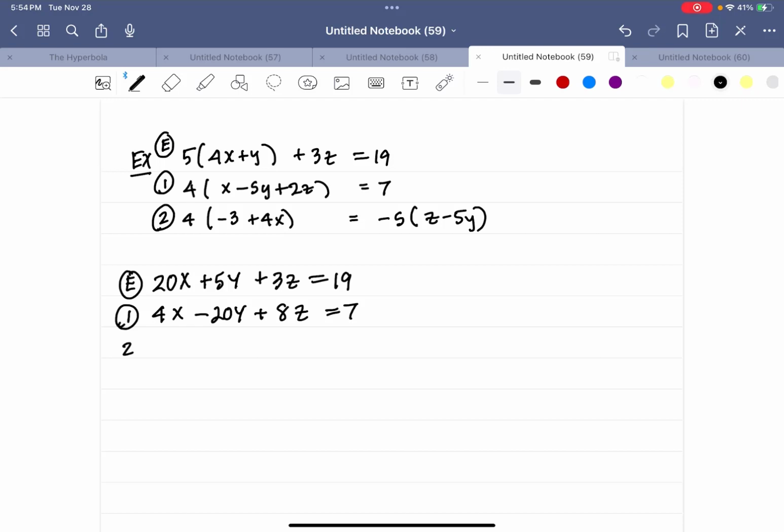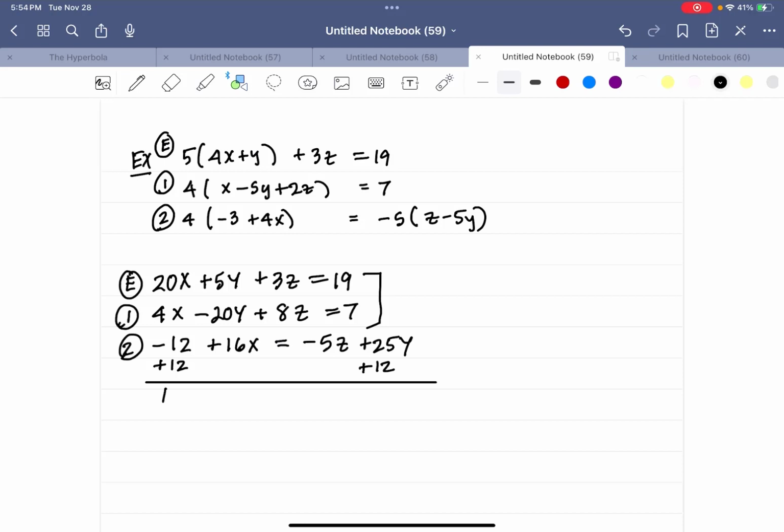And then for number 2, I've got negative 12 plus 16x equals negative 5z plus 25y. So these two are in the correct format, but I need to do more cleanup on the second one. So I'm going to add a 12 because the number should be on the right-hand side.